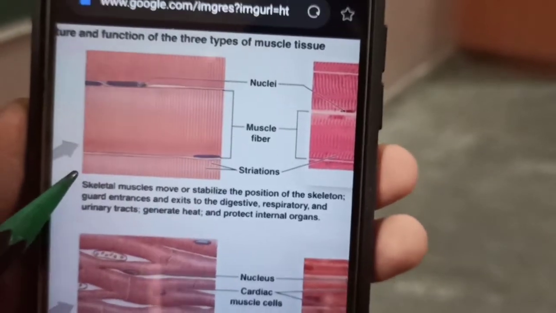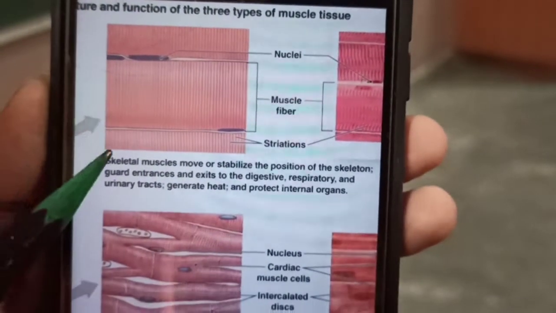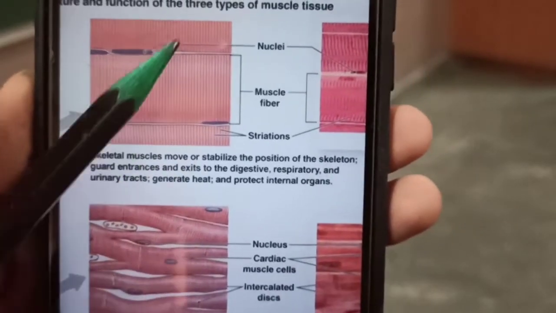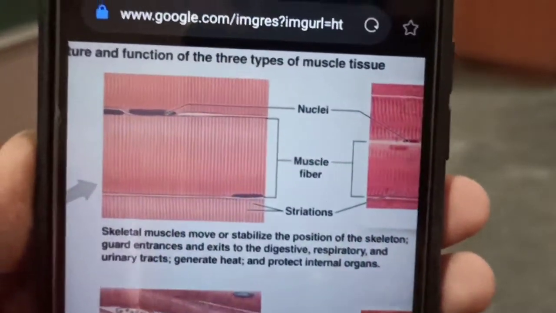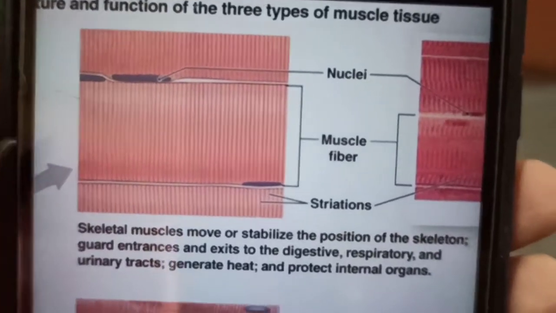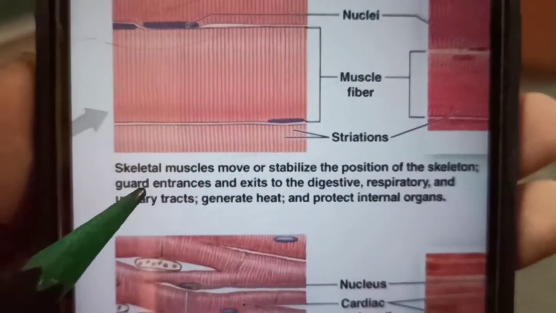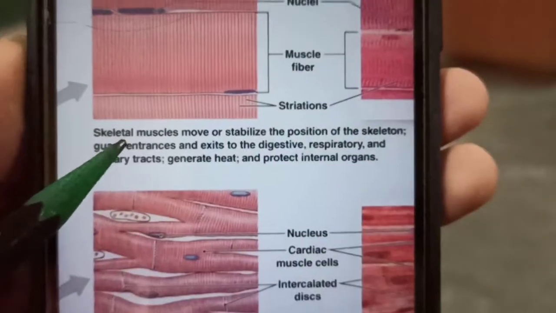These voluntary muscles are striated muscles. Striated means striped. There are a lot of lines you can see, right, children? So these are called striated muscles as well as skeletal muscles.